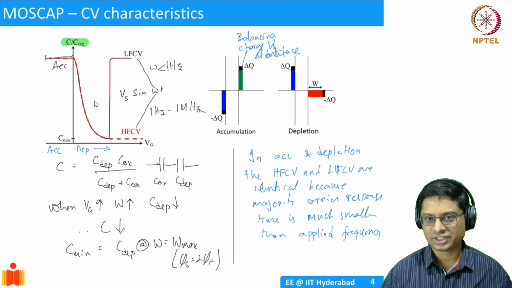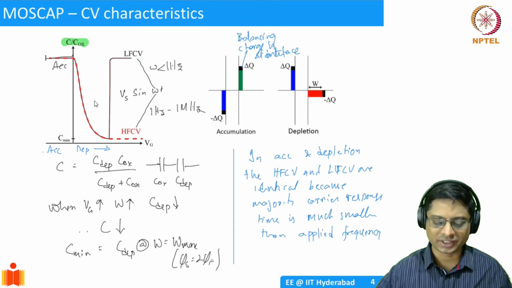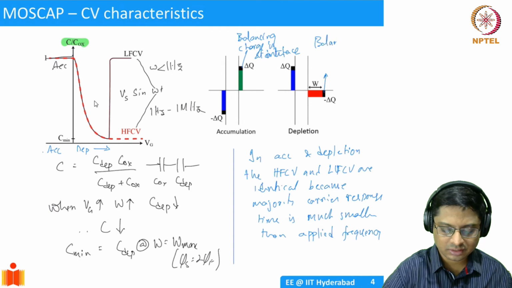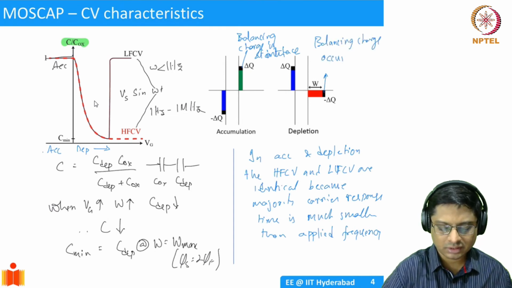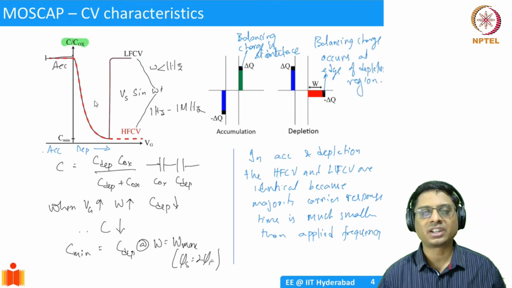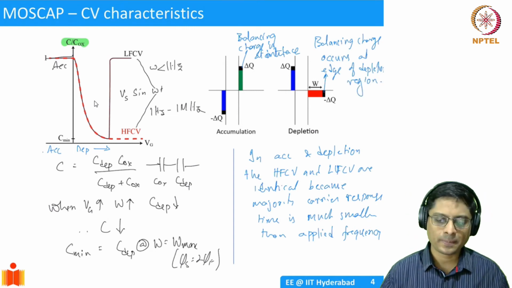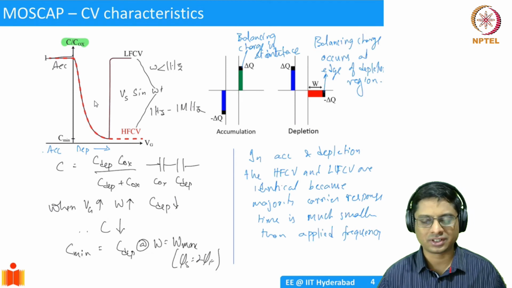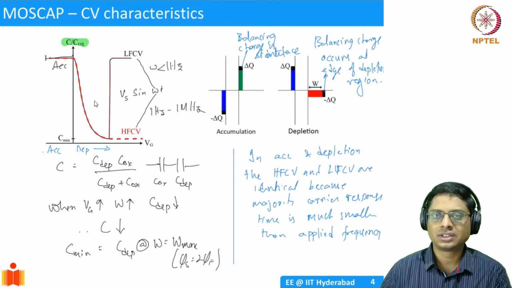Till you reach it, you're going to simply push away the majority carriers. So the balancing charge occurs at the edge of the depletion region. This is the primary difference between accumulation and depletion. Physical locations are different, but the time is still much faster compared to the applied frequencies.